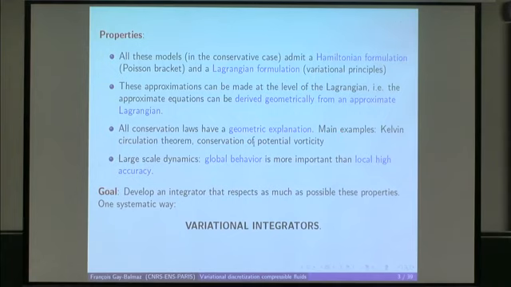More importantly, many of the conservation laws that are useful to understand these models arise again from geometry, for example the famous Kelvin circulation theorem, or the conservation of potential vorticity. Already here you see that these two conservation laws have completely different origins. The first one is due to a symmetry of the problem, and the second one is a Casimir of the Hamiltonian structure, due to the underlying geometric properties of the equations.